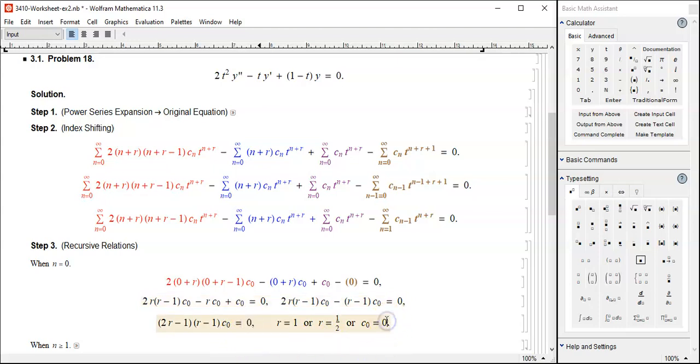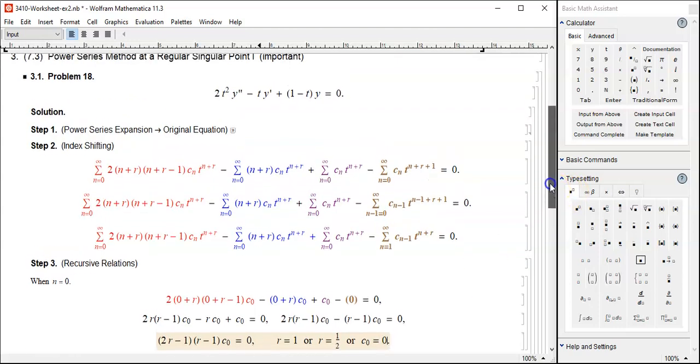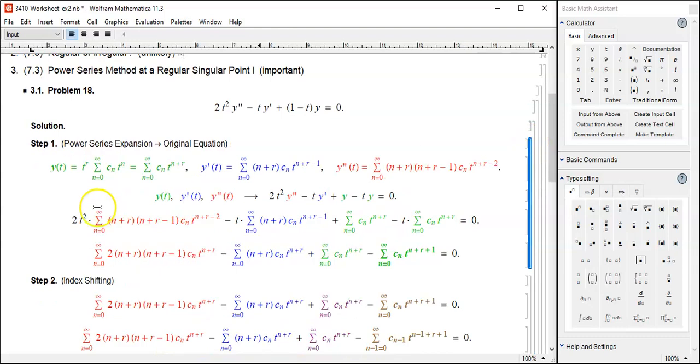We get this. r equals 1, which comes from this factor, or r equals 1/2, which comes from the other factor, or c0 is equal to 0, which will generate a trivial solution. Trivial solution, what do you mean by that? Going back here, if c0 is 0, then it'll turn out that from the recursive relationship, c1 is also 0, c2 is also 0, c3 is also 0. So y is just constantly 0, in which case, trivially, this equation holds.